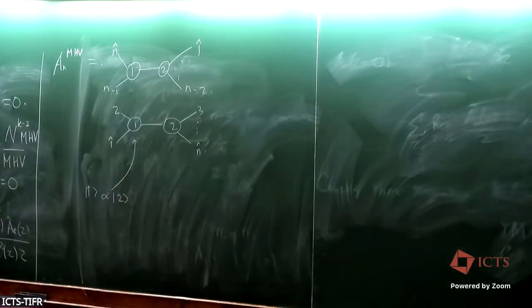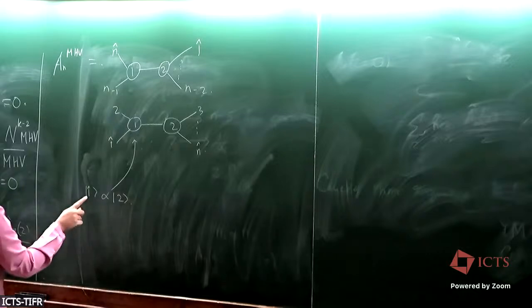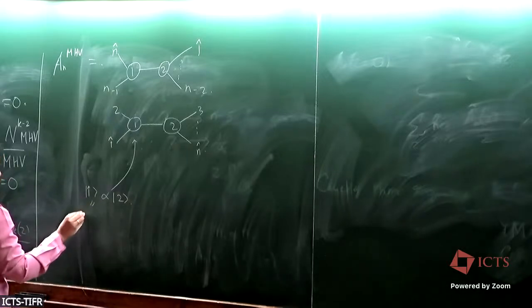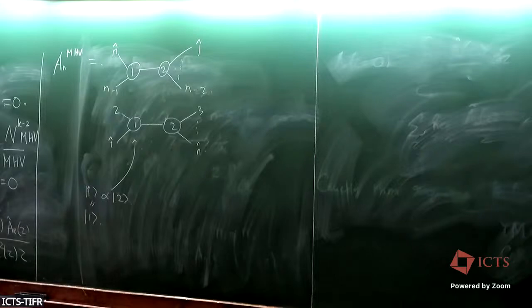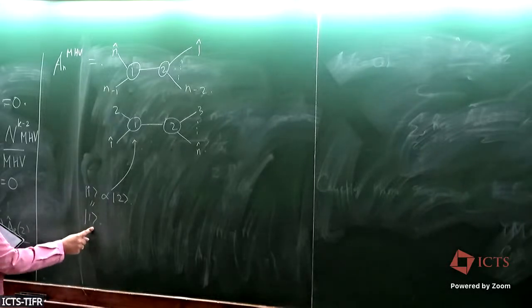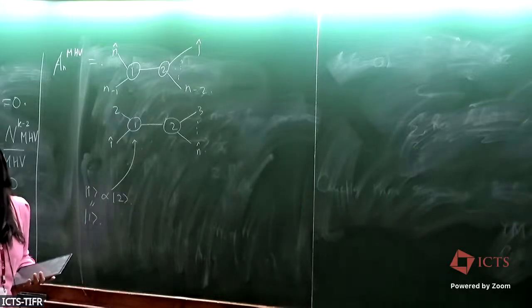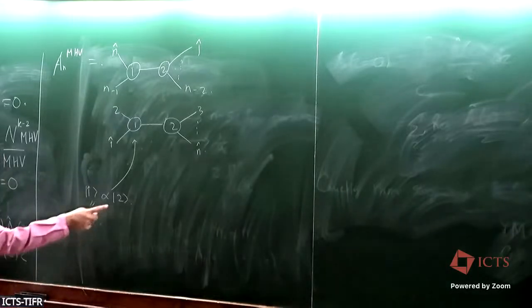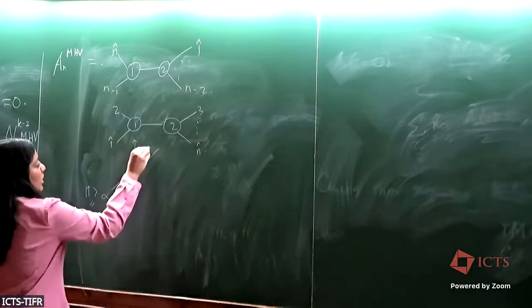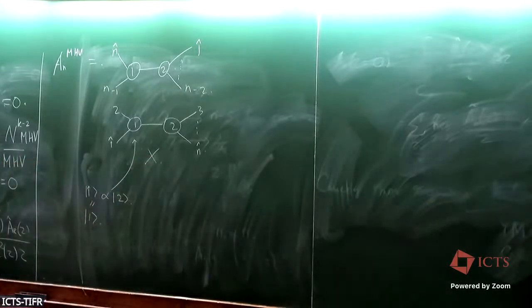Now, amazingly, I have just erased the BCFW shift, but this is actually just 1. So this is not a condition on Z. It's actually a condition on my external momenta. So this is not true of generic momenta, and so this is not generically part of my BCFW recursion.